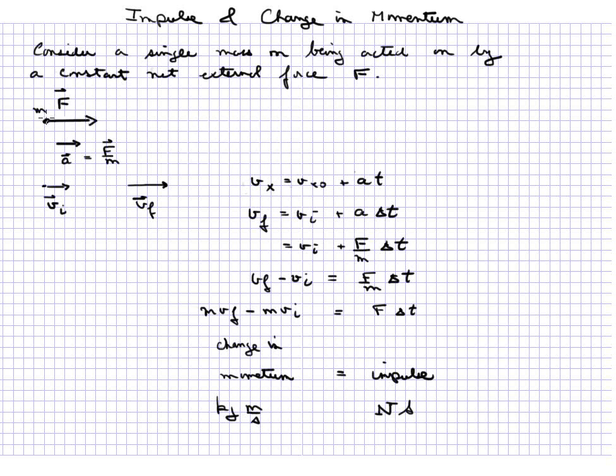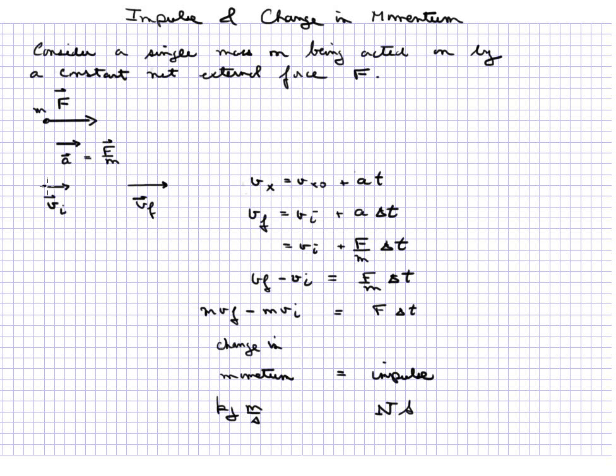Whatever the direction of that net force is, there's going to be some acceleration in the same direction, and the acceleration, by Newton's second law, is going to be the net force divided by the mass.